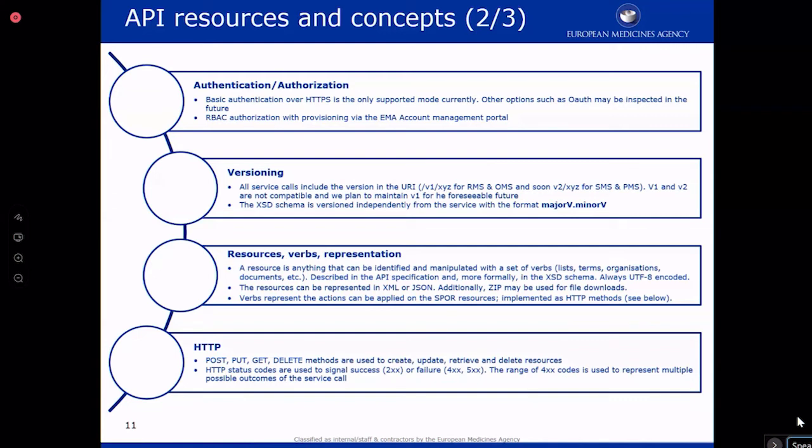There are four major methods that are used in the SPOR API: the post, put, get, and delete. Delete is not really available directly. And in terms of the status code that you expect from the SPOR API, the standard industry for success is the one starting with 2, failure 4 or 5. And this is something that your developers would be able to understand.